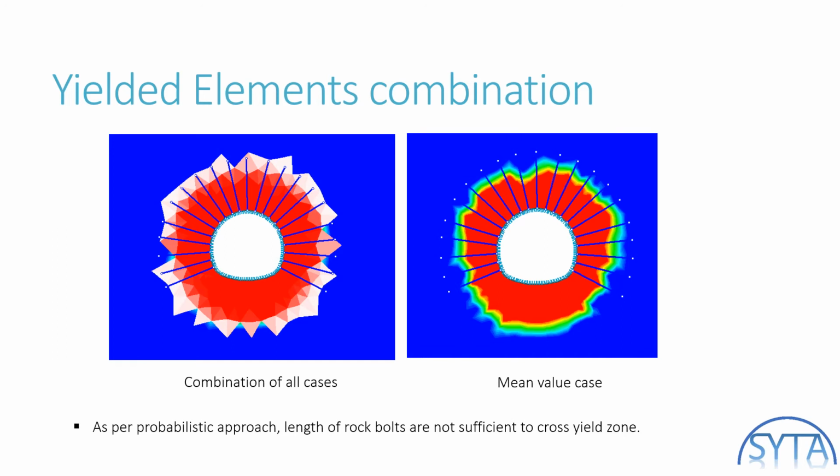So if we compare both the cases, we can see that if we take all the extremes of the results, then definitely our recommended support is not good enough looking at the yielded elements. And if we see the mean value cases, then we can say that our suggested supports are just okay and can be used.